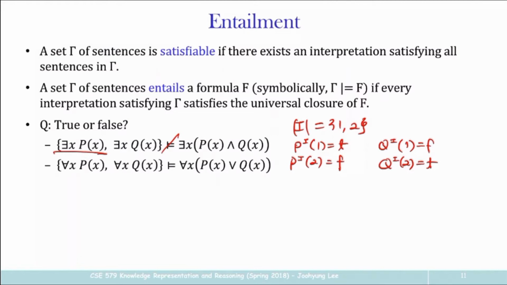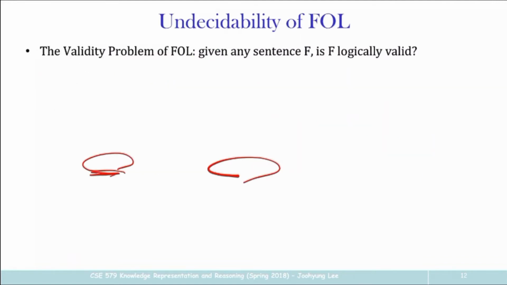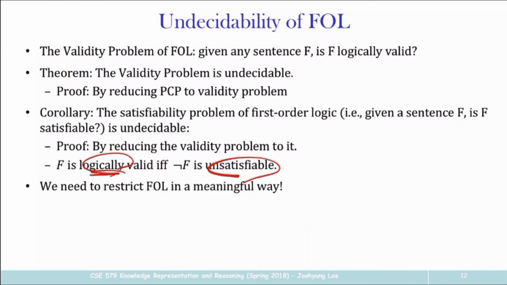Okay, but we are talking about entailment. Yes. Entailment is about all. All, yes. Right? So if you can find at least one that does not satisfy, then entailment does not work. Okay? So we never restrict interpretation that way.